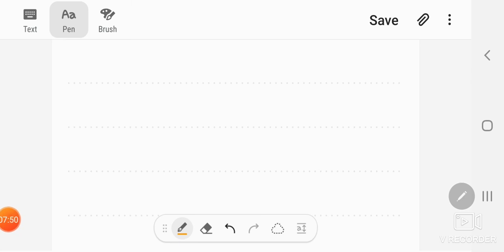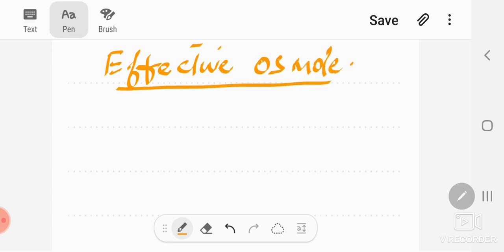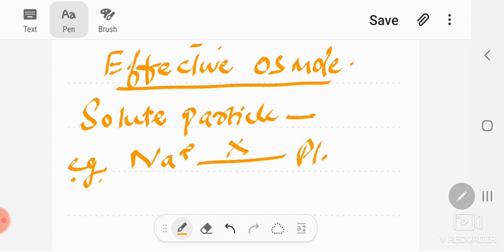The next thing we need to know is what an effective osmole is. Effective osmole means a solute particle that contributes to the osmolality of the solution. For example, sodium cannot cross the plasma membrane.